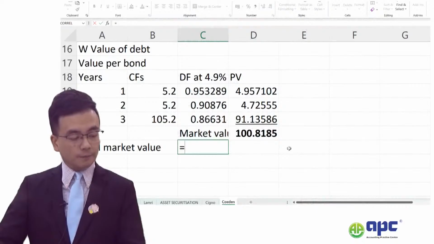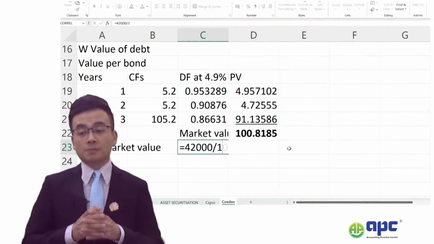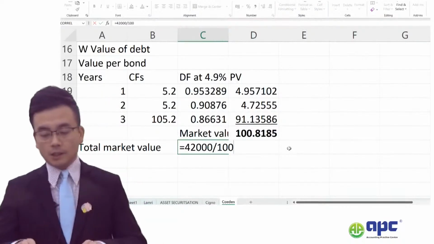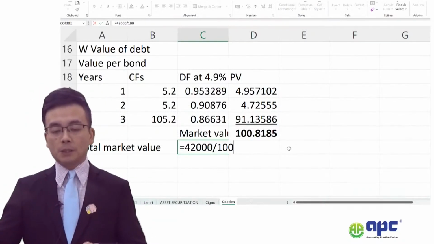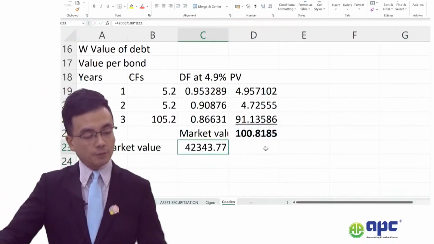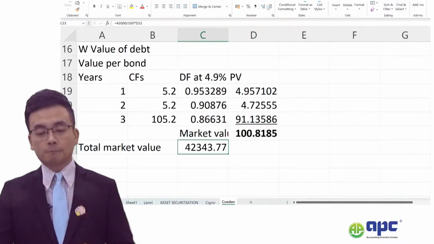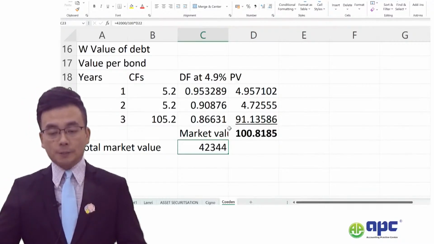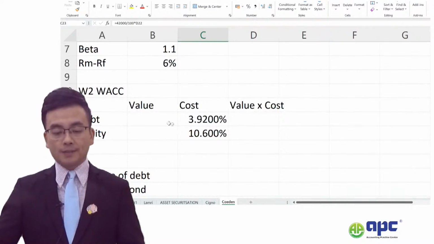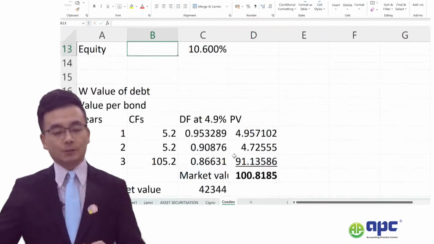So I take that 42,000 over $100 per bond. Okay, that's the par value. And times the market value, that will give me 42,344. Okay, something like that. And that's why the value of debt equals this amount. Press enter, that's all.